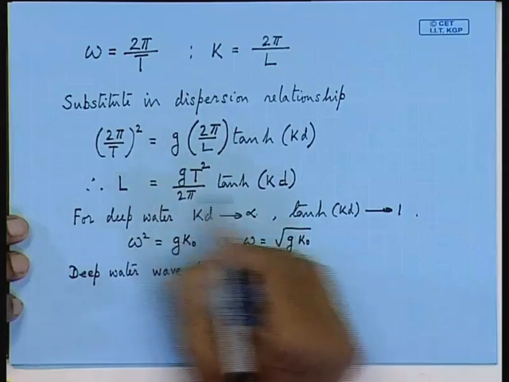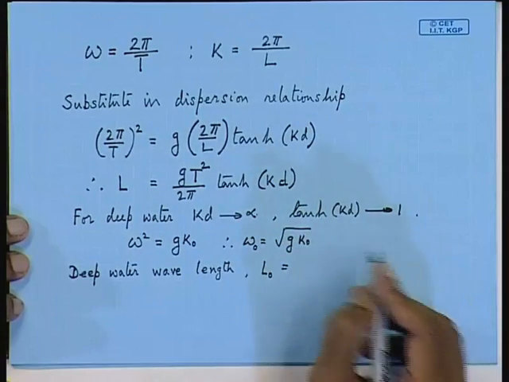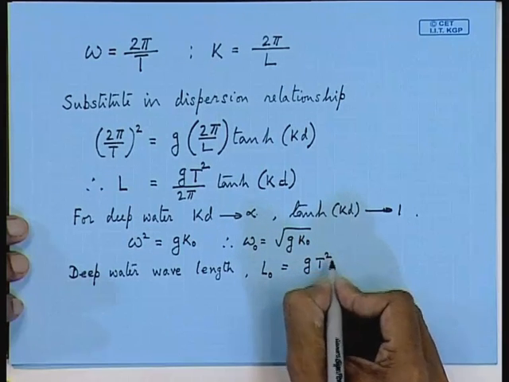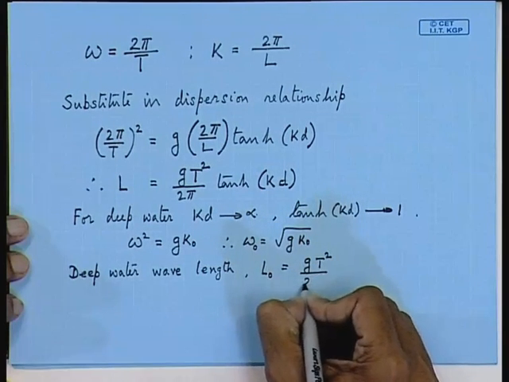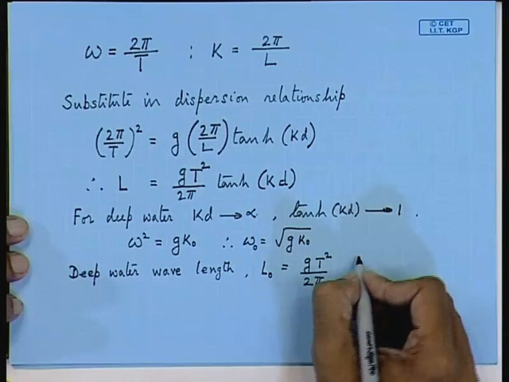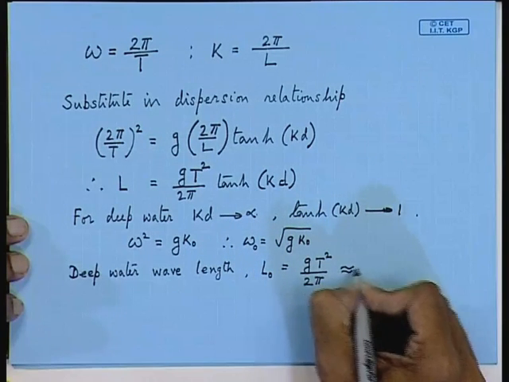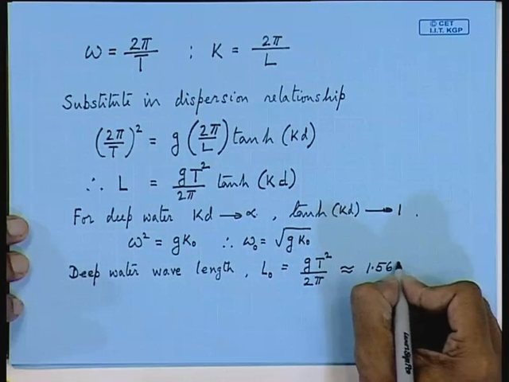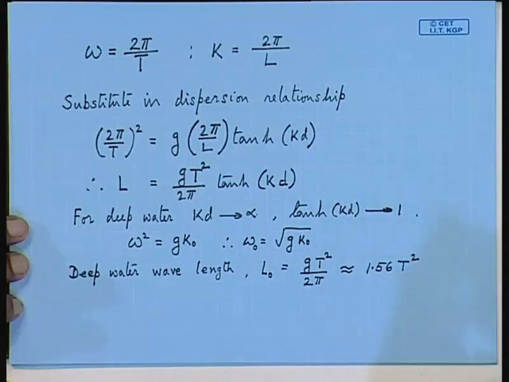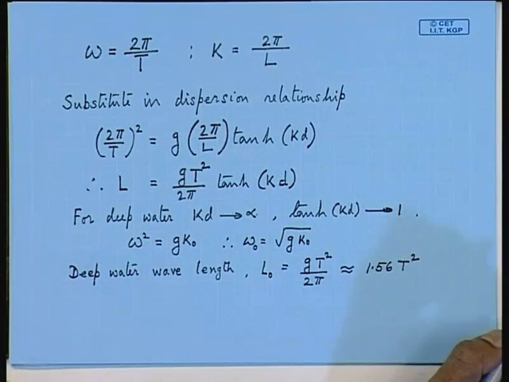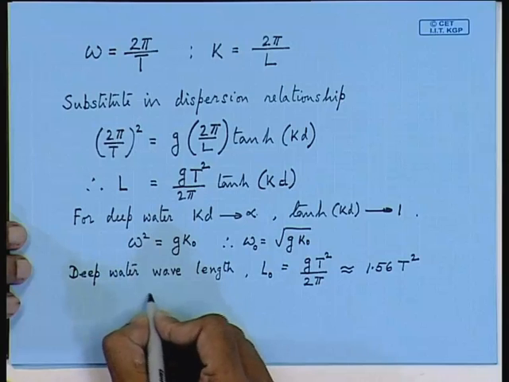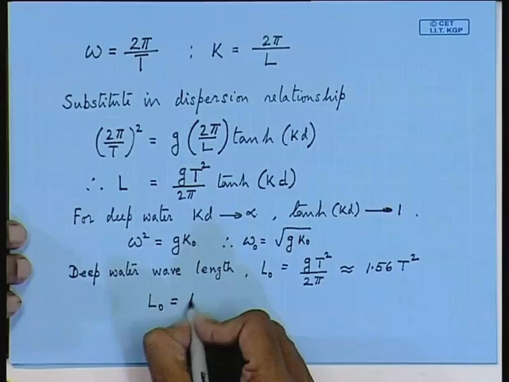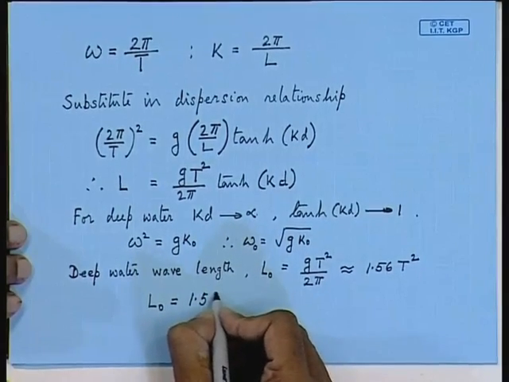In this expression tan hyperbolic kd is reducing to 1. So this will be gT square over 2 pi, and this is approximately equal to 1.56 times your T square value. So deep water equations you can get from this relationship.